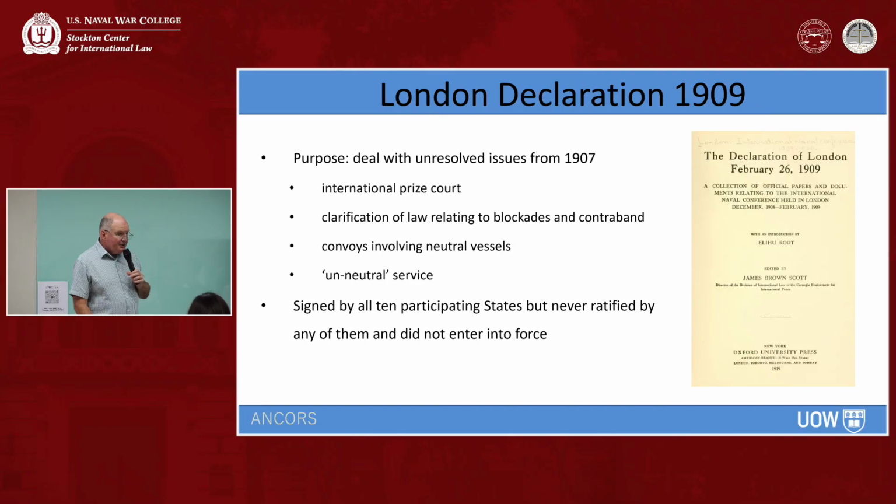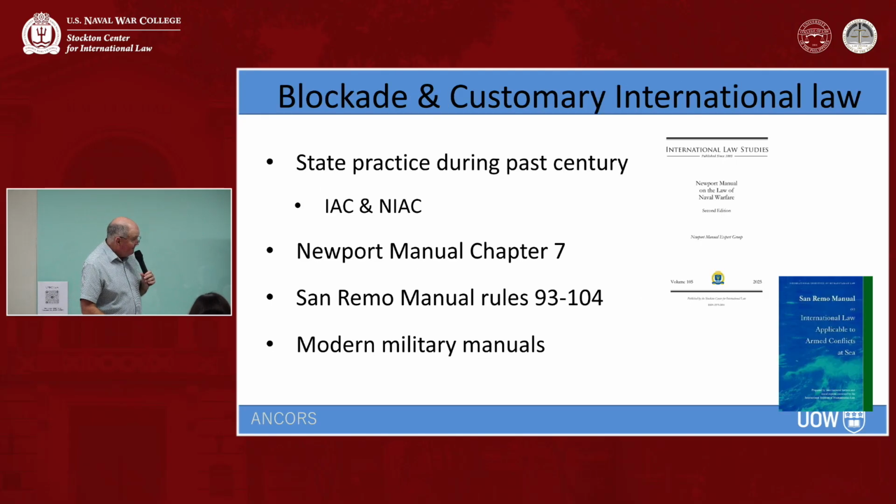London Declaration, a couple of years later, again, didn't have a great deal to say about blockade, tried to clarify a little bit about blockade and contraband, but nothing particularly great. And then what has actually happened?